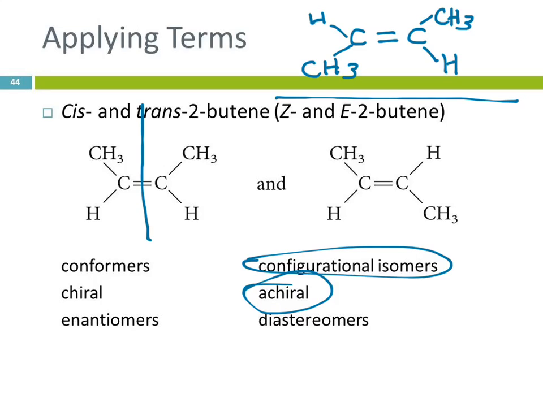The mirror image is superimposable on the original. Were you saying in class that there being 4 different groups around the central carbon makes it chiral or achiral? That's the stereogenic center, yeah. Is there a stereogenic center in either of these? No.